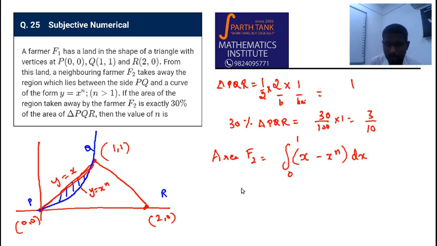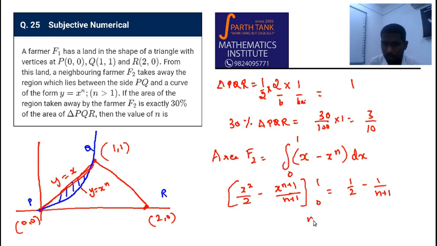So this gives me x squared by 2 minus x power n plus 1 by n plus 1. And when I substitute 0 to 1, this becomes 1 by 2 minus 1 by n plus 1, or n plus 1 minus 1 by 2 times n plus 1, n by 2 times n plus 1.